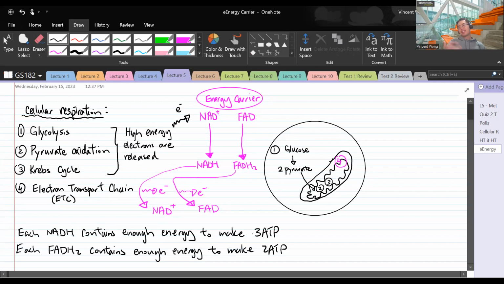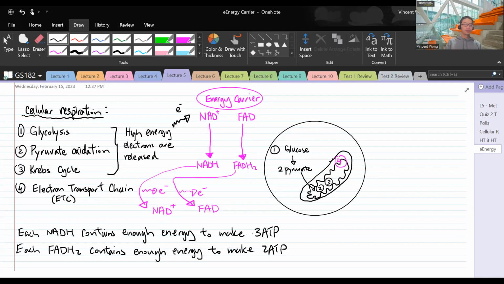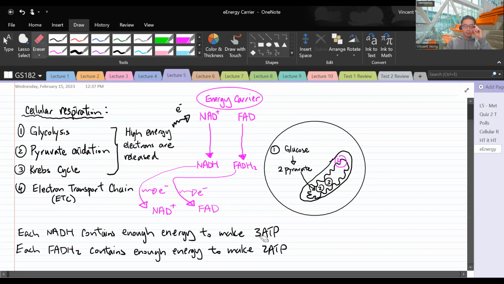Okay, so they're not really the same, right? One has more potential energy in it compared to the other. So NADH is able to make more ATP compared to FADH2.